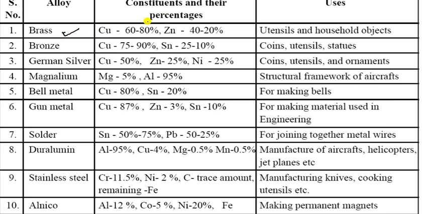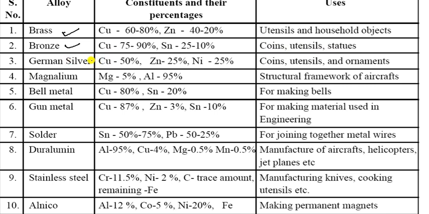Human beings have been making and using alloys since prehistoric times. Alloying is done to increase hardness, improve quality, and decrease melting point, and alloys can be easily cast or molded into different shapes and find uses in many areas.